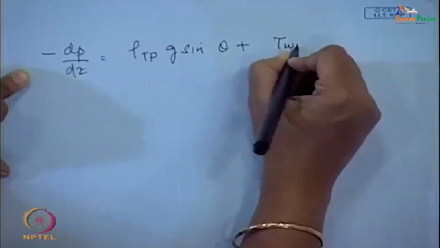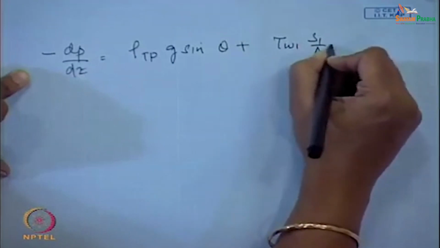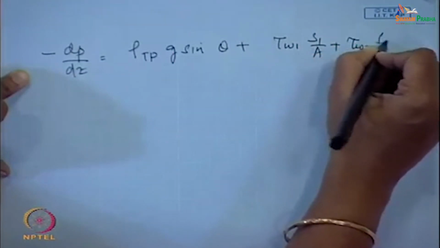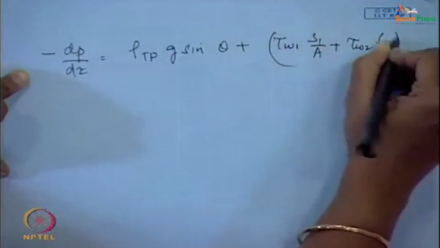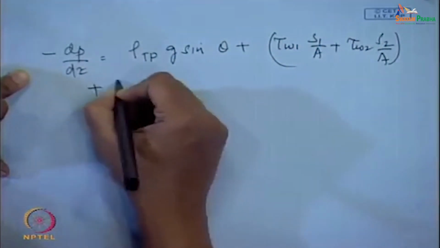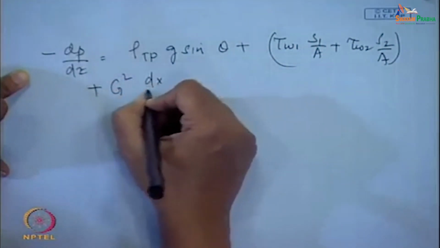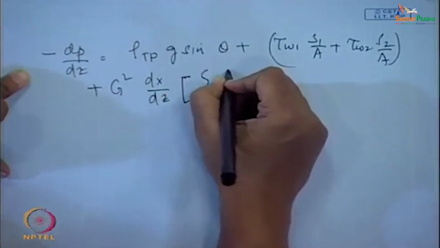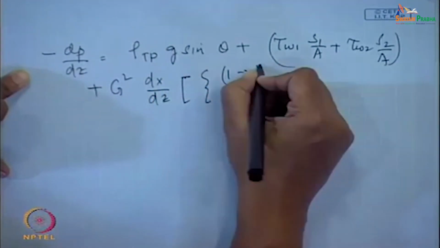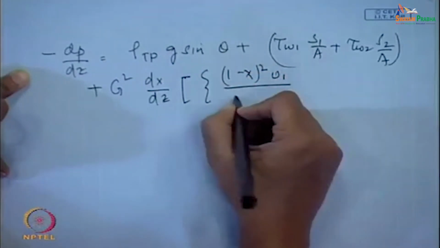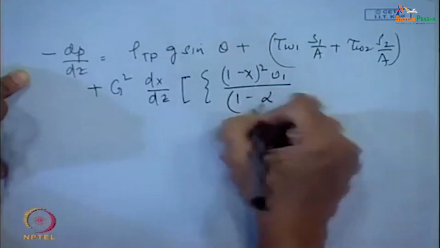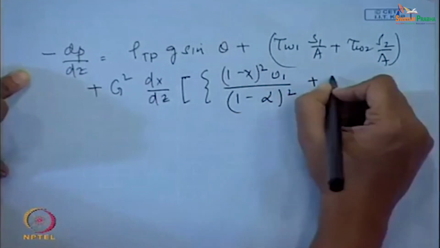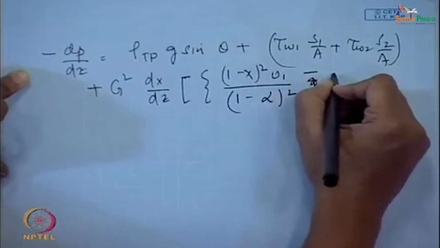This is the numerator term. This I have written down several times actually, plus G square dx dz, 1 minus x whole square v1 by 1 minus alpha whole square, minus x square.